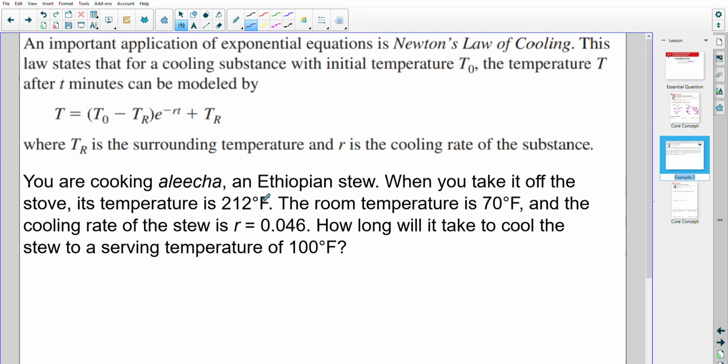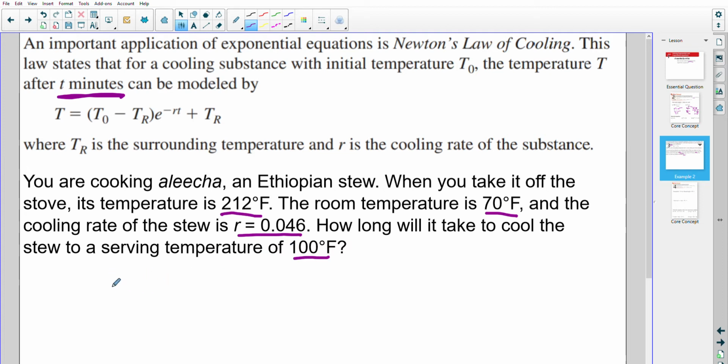So we have a situation here where its temperature starts at 212, the room temperature is 70, you have a rate, and the question is how long will it take for it to get to 100. And so when you do this problem, you're going to know that we're talking about T in minutes.